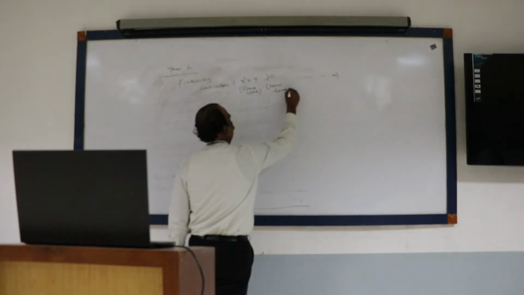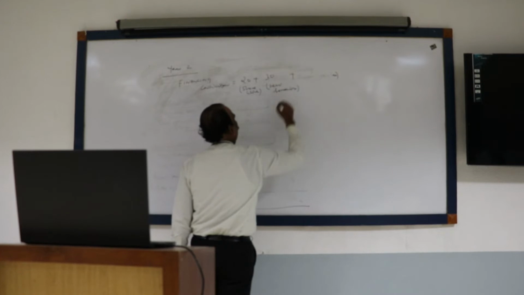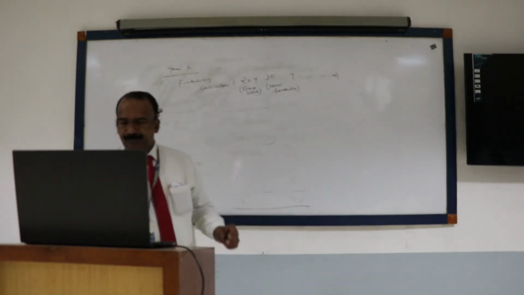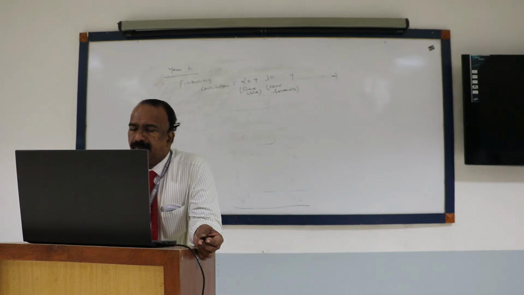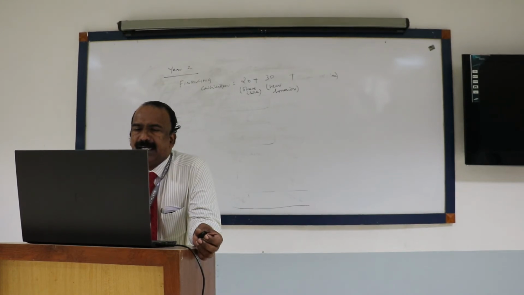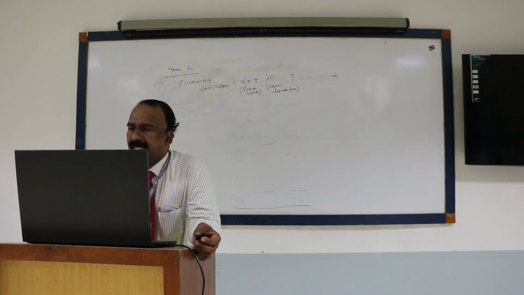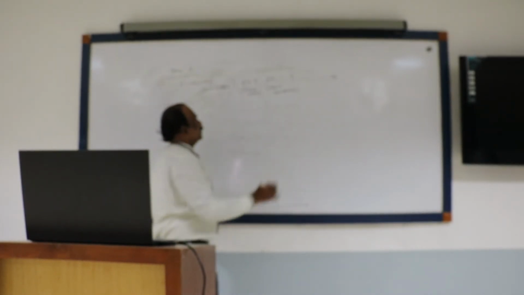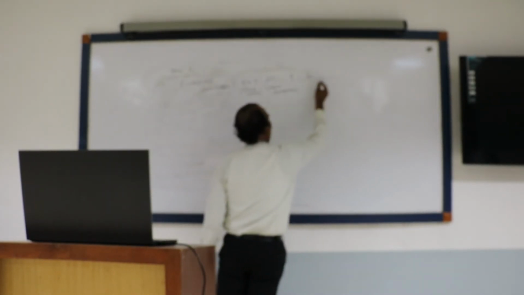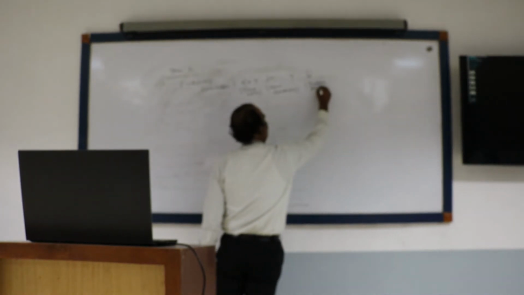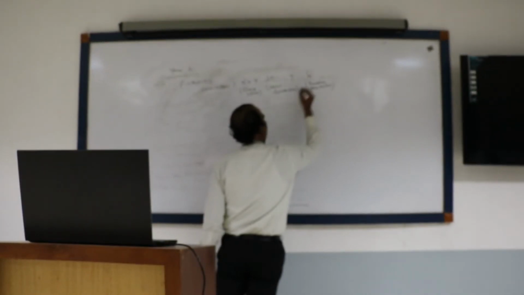Plus we have income from marketable securities. Look at that. We have 10, post tax. So 10 minus 4, that is 6. Plus 6, income from marketable securities post tax.